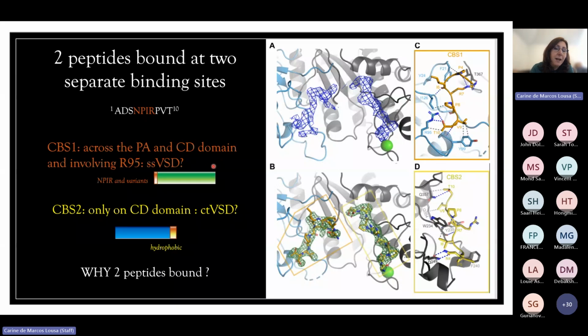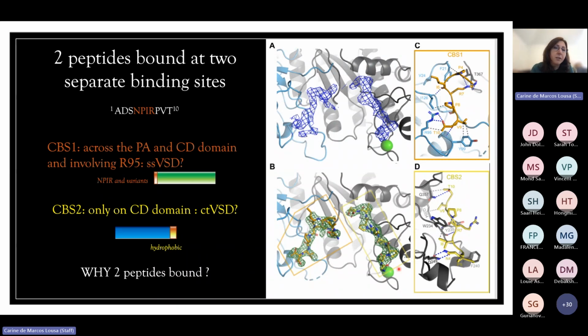So at this stage, we hypothesized that one cargo binding site could bind a specific type of cargo, which is SSVSD, containing NPIR or variants, and the other cargo binding site could bind another type of cargo, which is C-terminal vacuolar sorting determinants. But the question is, why did we have 2 peptides that were bound simultaneously on the structure?